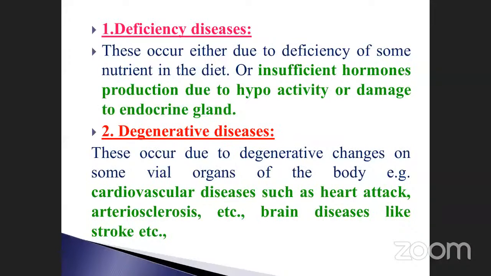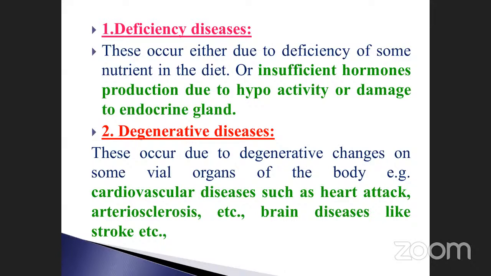Listen here, deficiency occurs either due to the deficiency of some nutrients in the diet or insufficient hormone production due to hypoactivity. Hypo means a less amount of the component.